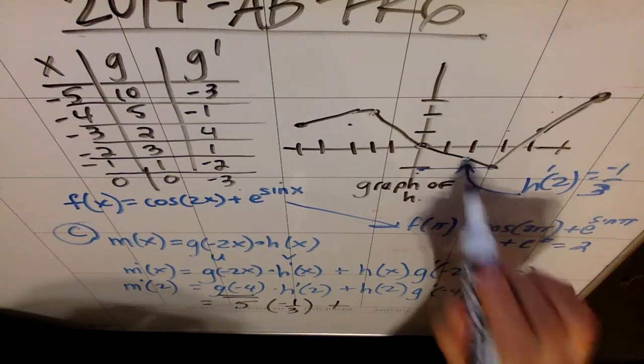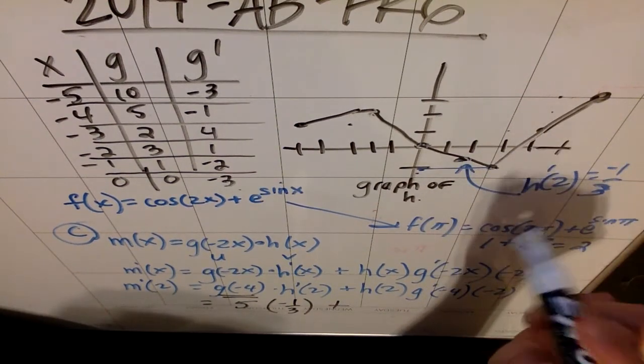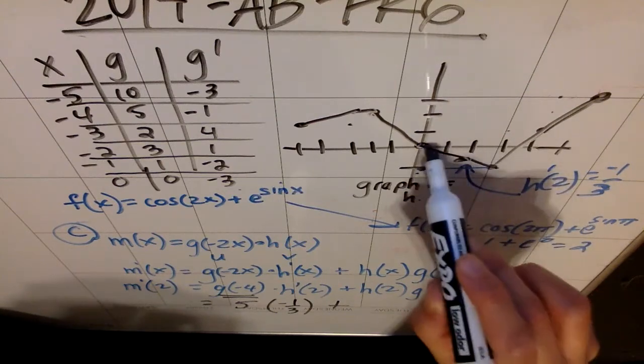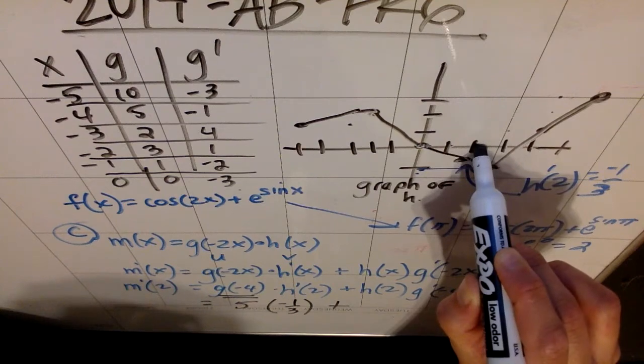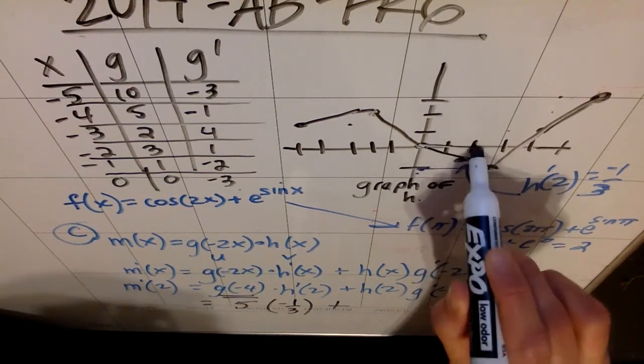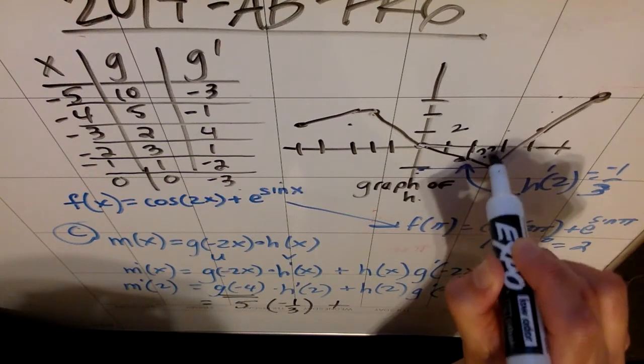h of 2 is the physical y value here. Now, that's going to be a little tricky because it might not be the nice, happy y value that you want it to be. Since this is a slope of negative 1/3, if you go over 2, the triangle you're looking at is over 2, and the question is, what is this y value?